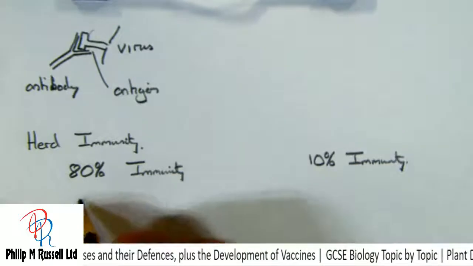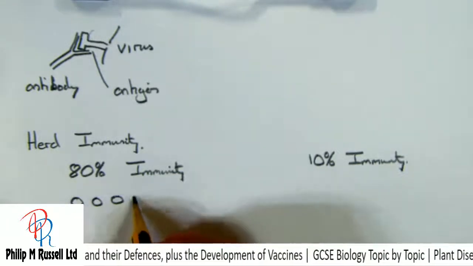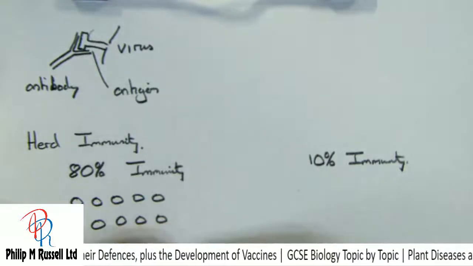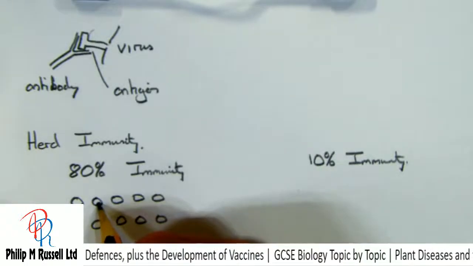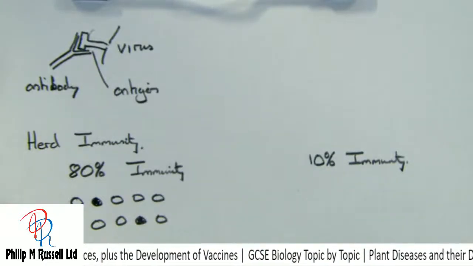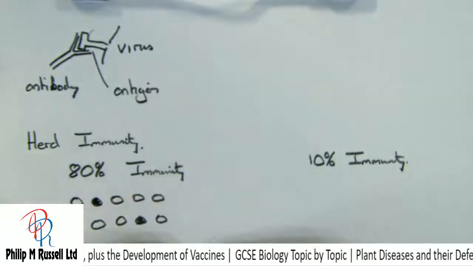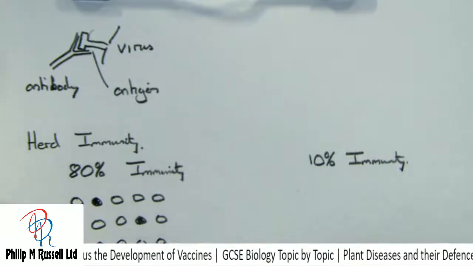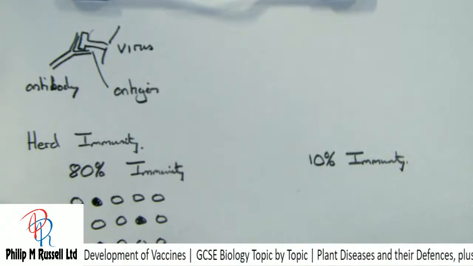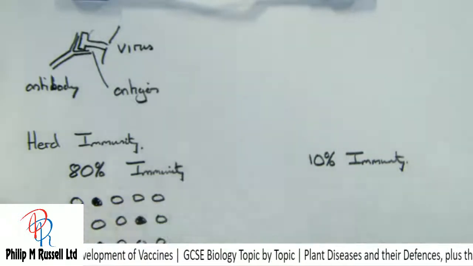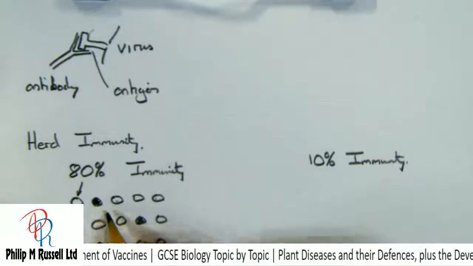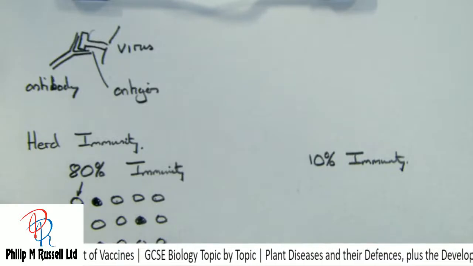But if I do that, then for every 10 people that I've got, then this person and this person could get the virus. So let's have some people here. So these people here are our 80% immune, and only these people could get the virus.